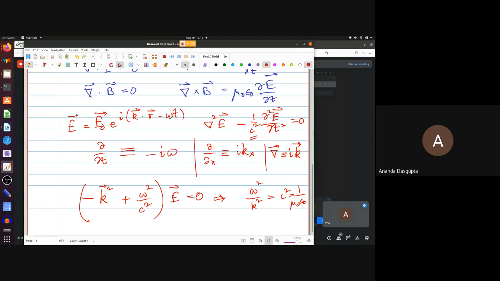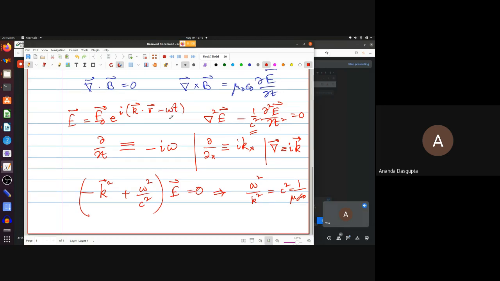That's one conclusion. But you might say that you already knew that. But the point is, what this mathematics is telling you is that if you have a complex wave-like thing like this, it is going to satisfy the equations which Maxwell gave you only if the velocity of the wave is given by 1 over root over mu naught epsilon naught.